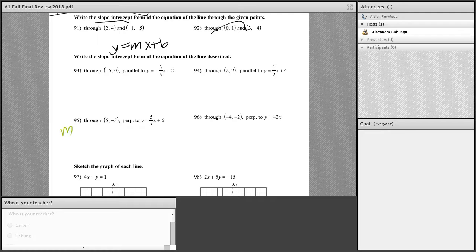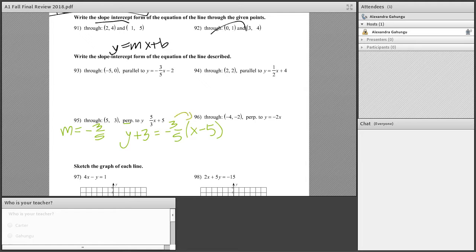So the slope here that's perpendicular is going to be -3/5. And we've got a point, 5, -3, so it goes y plus 3. So it's y minus a -3, so y plus 3. And then -3/5 our slope. And then x minus 5.